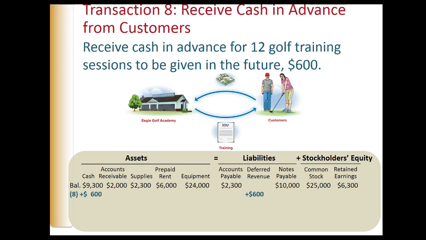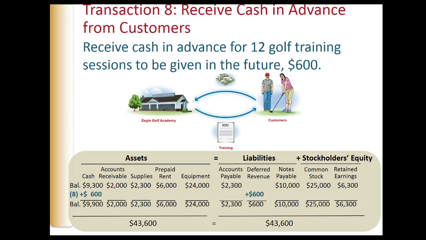It has the word deferred revenue or unearned revenue, but it's still a liability because we owe that customer training. As you see here, our assets are still in balance with our liabilities and our stockholders' equity.